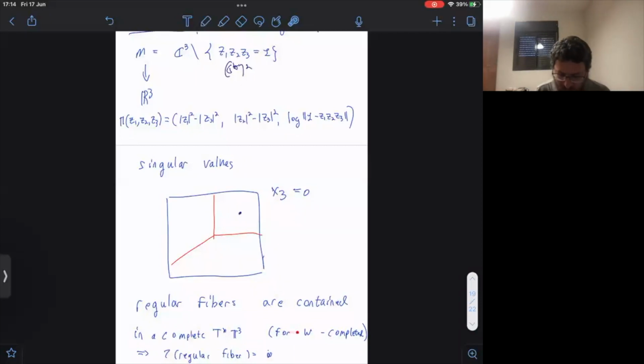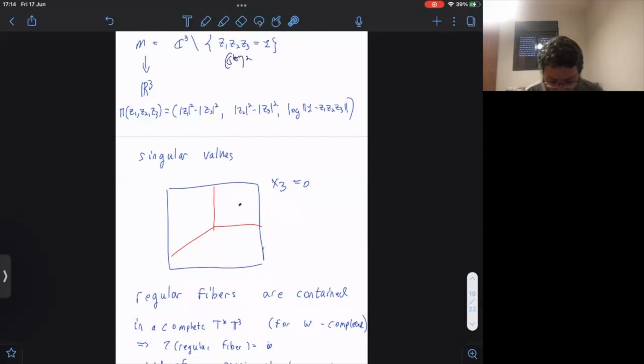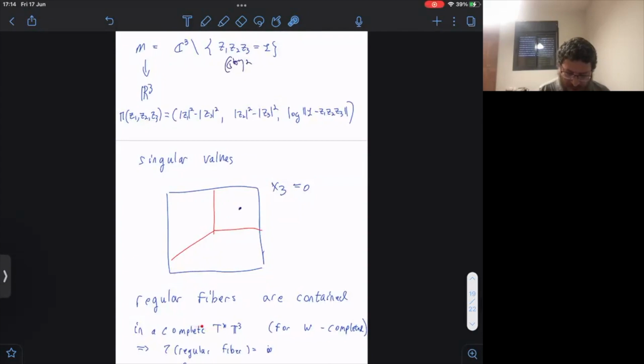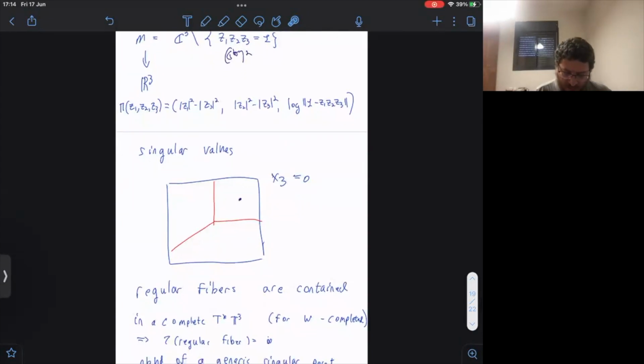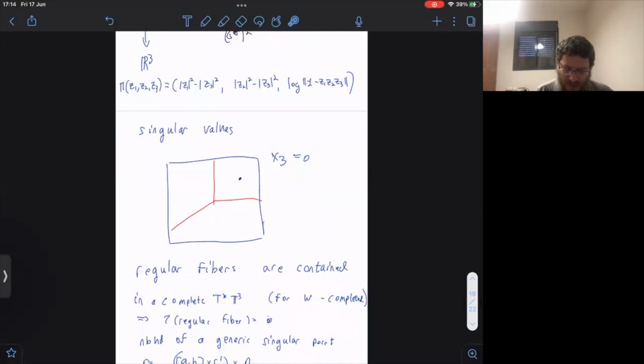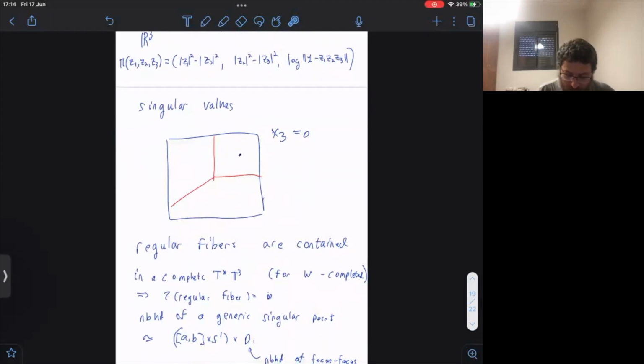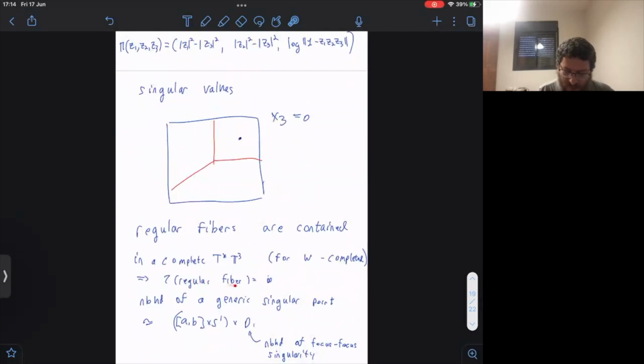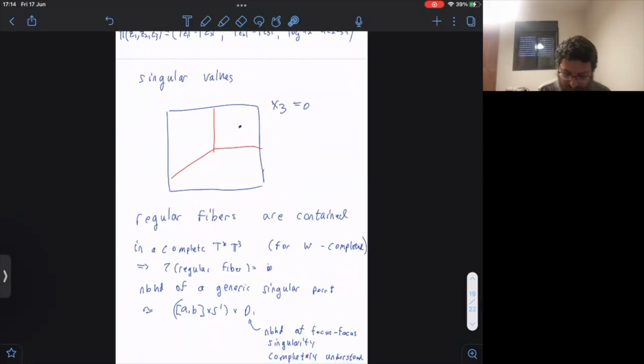However, I've glossed over something: when you remove this, you have to modify the symplectic form. You have to inflate it near this divisor so that it becomes complete. But once you do that, you can remove the singularities and obtain a complete cotangent bundle of a torus, which tells you that the regular fibers are undeformed, right? So the tau of a regular fiber is infinite.